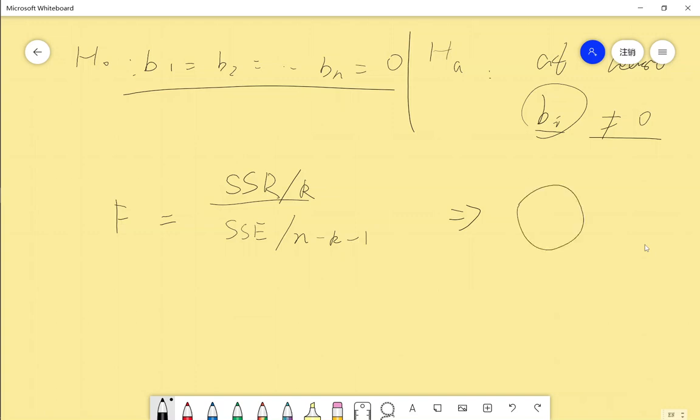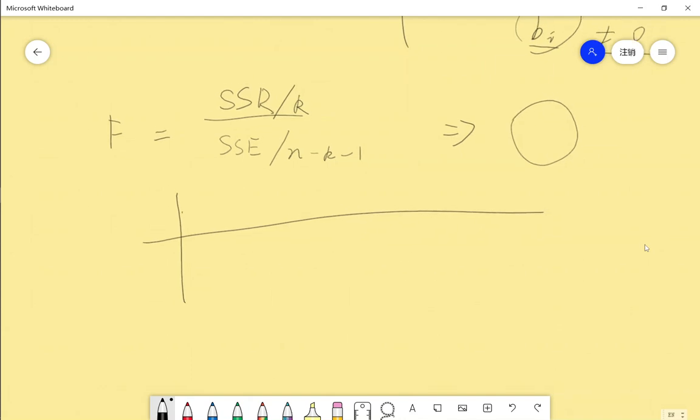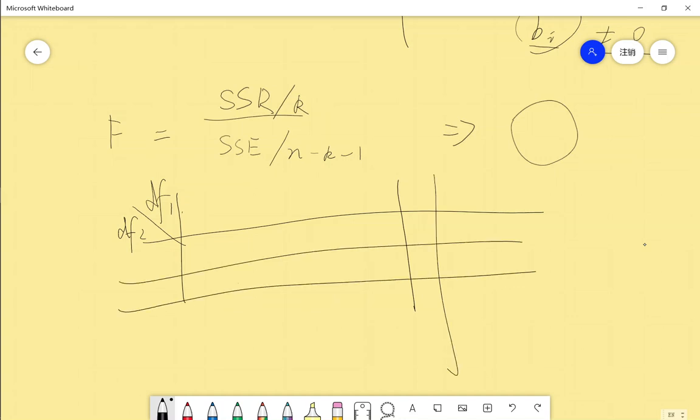We calculate a certain number and we check the table. Most of the time, you will be given a table that has two degrees of freedom, so you have degree of freedom 1 and degree of freedom 2. One is for the numerator, the other is for the denominator. So you just find the exact row and column, get the number, and draw it.